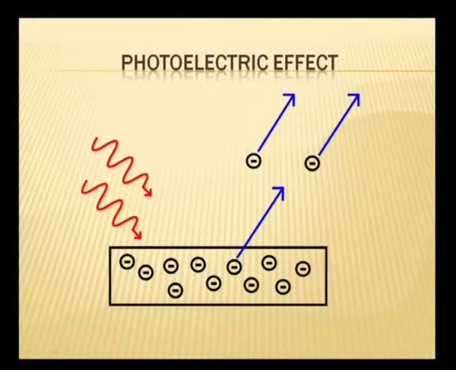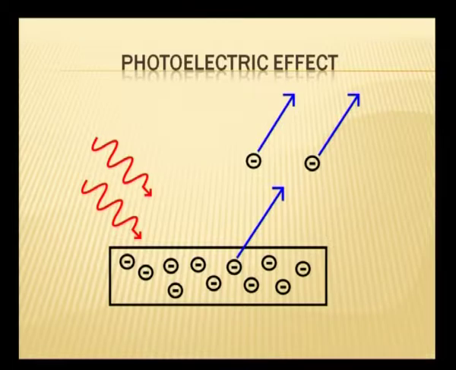You see here, light is incident on a metal piece. And what is a metal? You all know by now, metal consists of free electrons, and I am showing here the circles with the minus sign. They are the electrons which are present in all metals. You know, metals have metallic bonding.